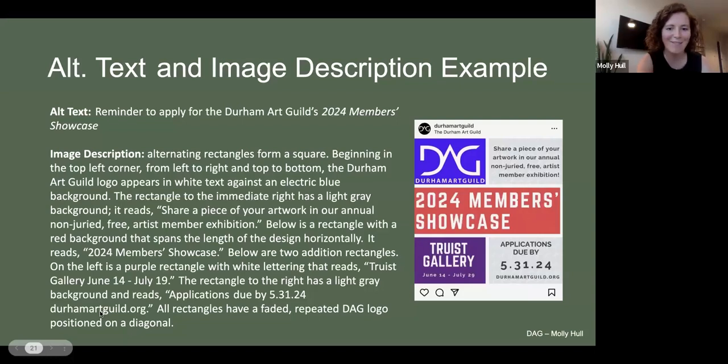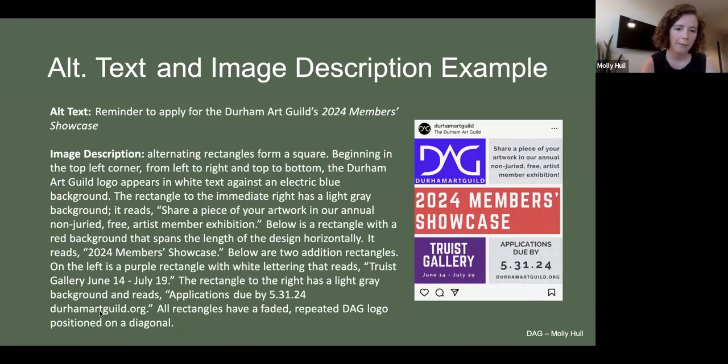The rectangle to the immediate right has a light gray background. It reads, share a piece of your artwork in our annual non-juried free artist member exhibition. Below is a rectangle with a red background that spans the length of the design horizontally. It reads 2024 Members Showcase. Below are 2 additional rectangles.